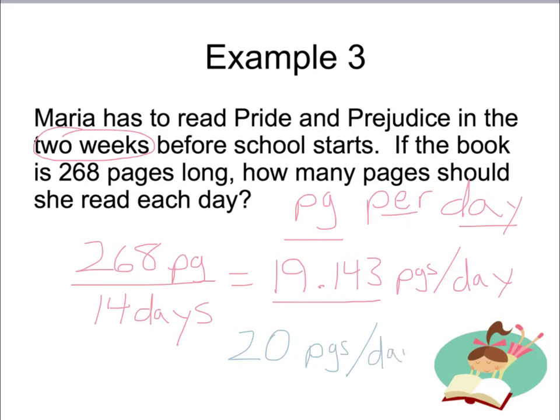Notice I rounded up, not down, even though down was closer, because if she read 19 pages per day, that would not get her to the 268. She would be short of that. So the correct answer for this one is 20 pages per day. And again, that is a rate, and you can see our unit is written as a fraction.